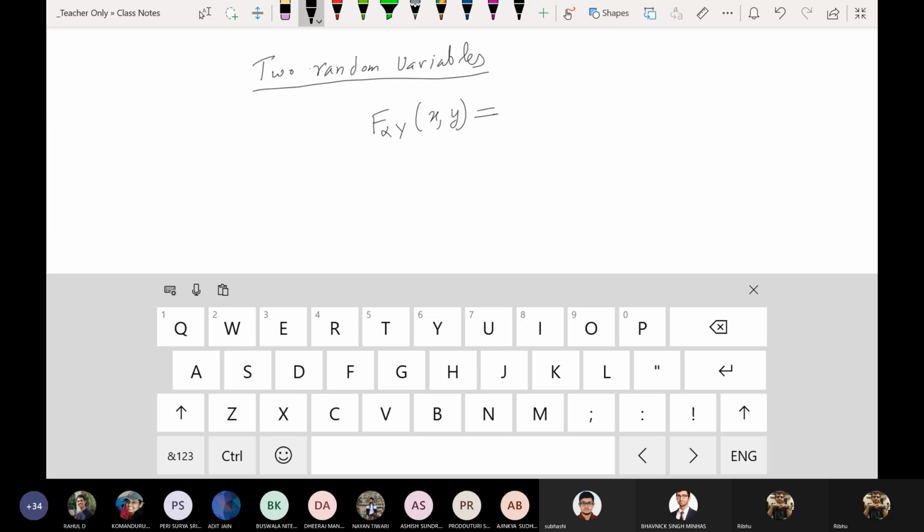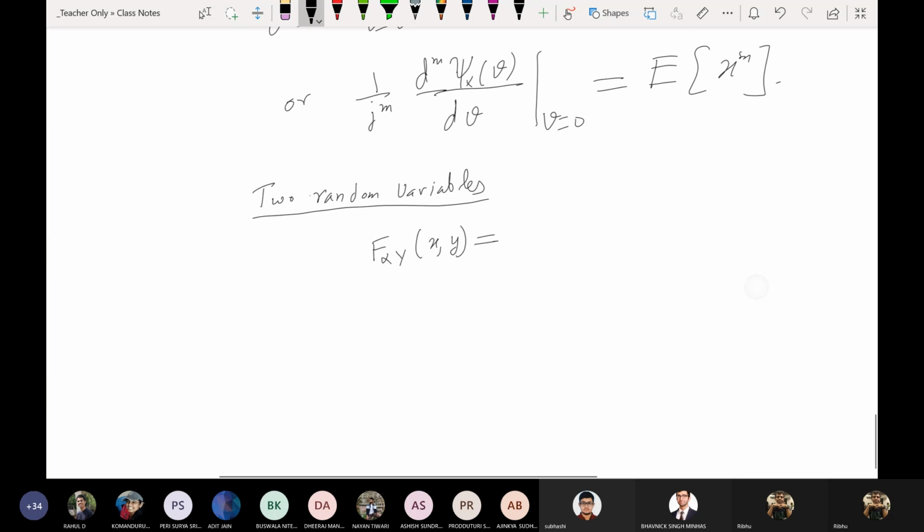So in case of two random variables, I define the CDF as the outcome. There's just one outcome, just that now we use two random variables.